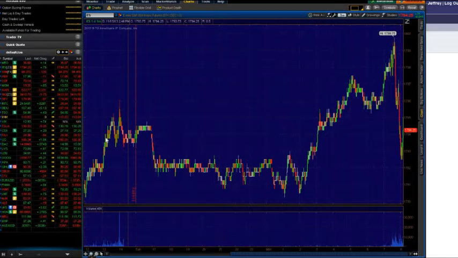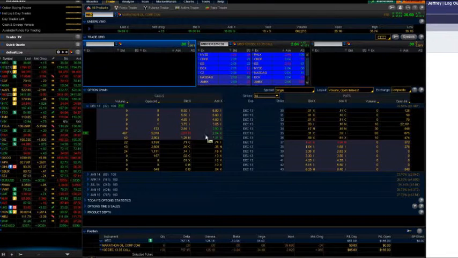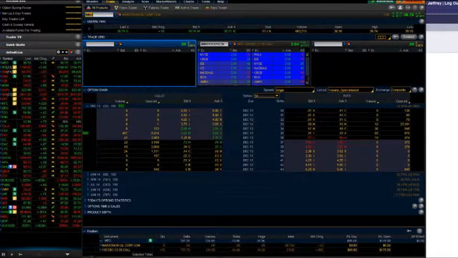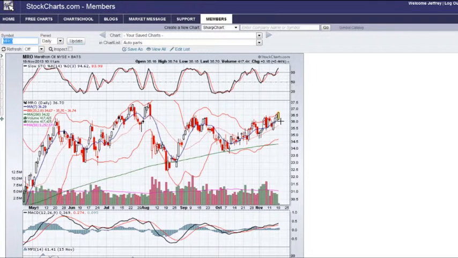With MRO here, let me go pull up the options. You're not talking about a major shift in option price relative to where it was based on the dividend. This is really just because of the stock price itself being up there. But most of the time, the calls and the puts already adjust for the dividend. What'll happen, and you'll notice here on stock charts, is it shows MRO this morning opened at 36.16.